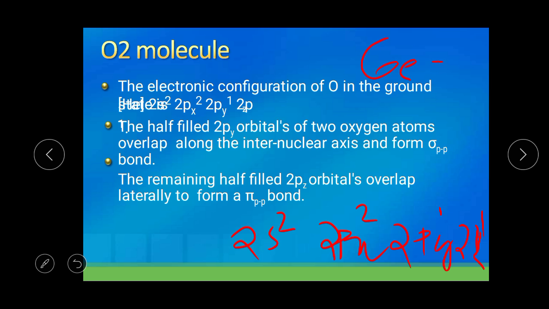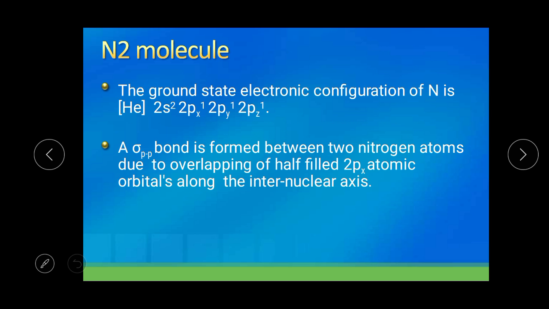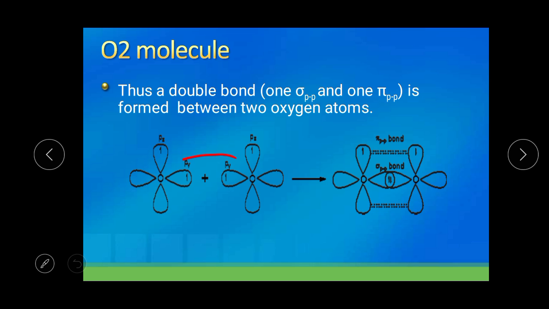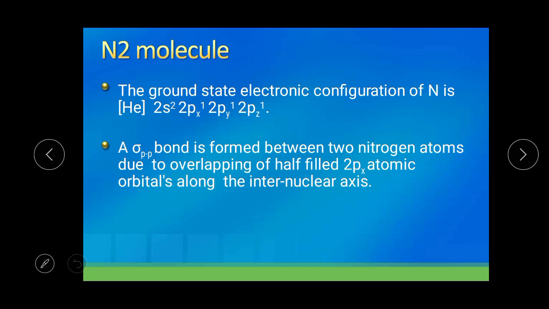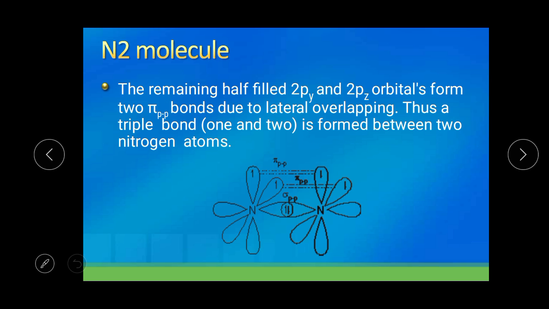So py and pz have one electron each. So it will form a sigma p-p bond and a pi p-p bond. Because this is linear, the sigma p-p bond overlaps head-on, then the pi p-p bond sideways. Similarly, the N2 molecule has 3 unpaired electrons, so they will pair, forming sigma p-p, pi p-p, pi p-p.